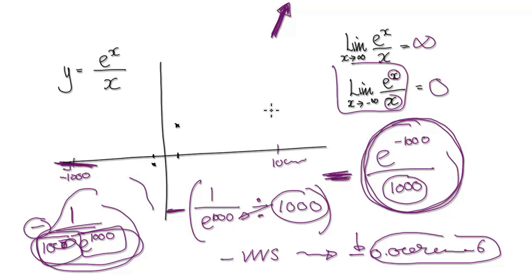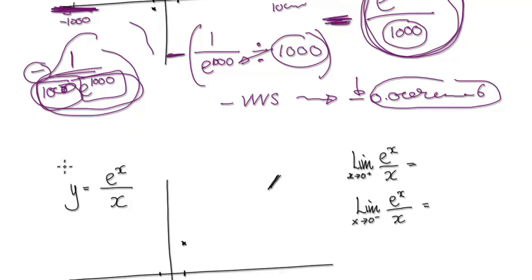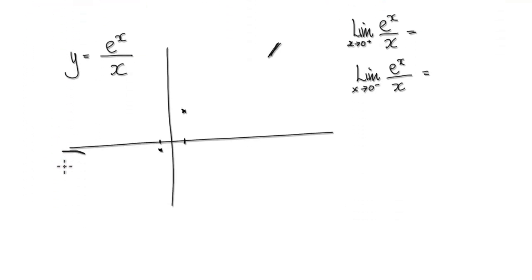Okay, so far we know that when x is very, very big, it's like this. When x is negatively big, it will look like this. It must pass through here, it must pass through here. There's a gap dead on 0.